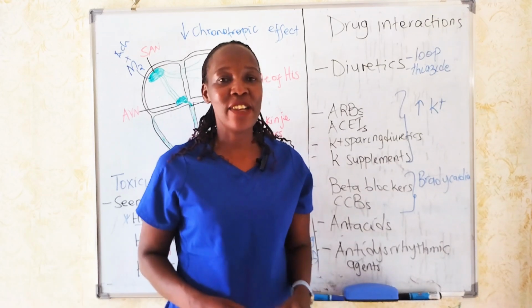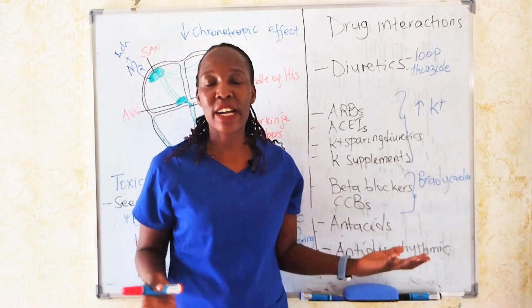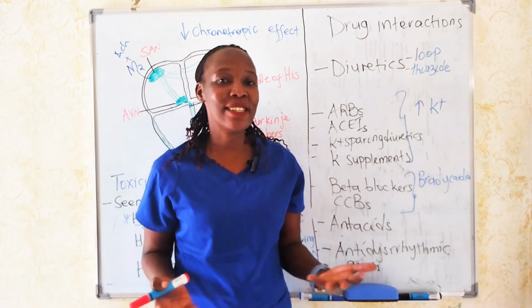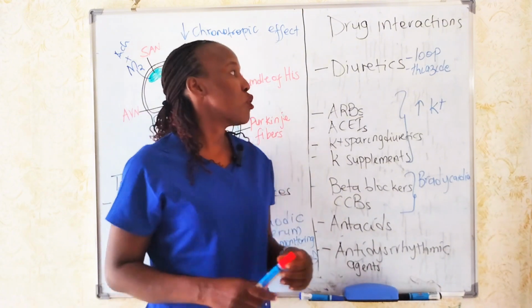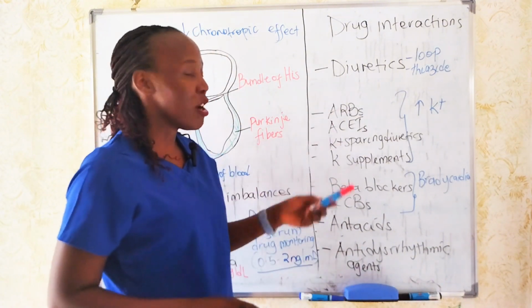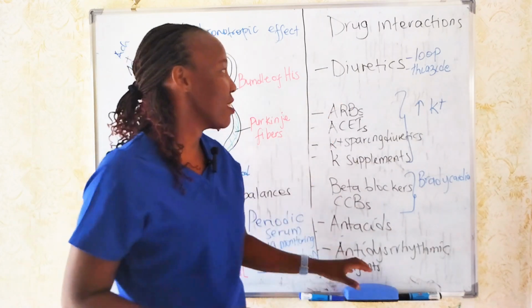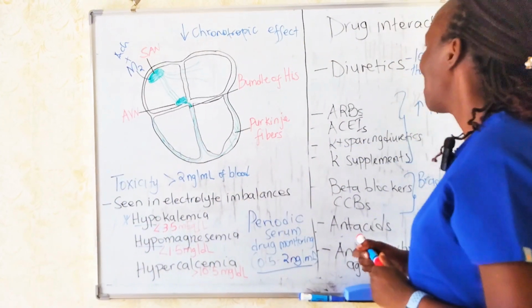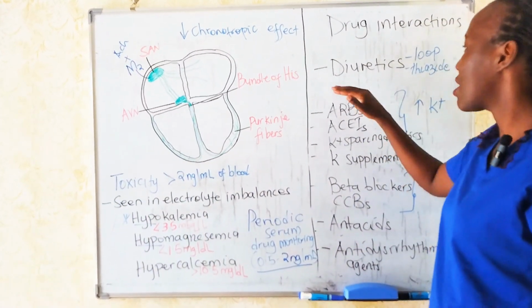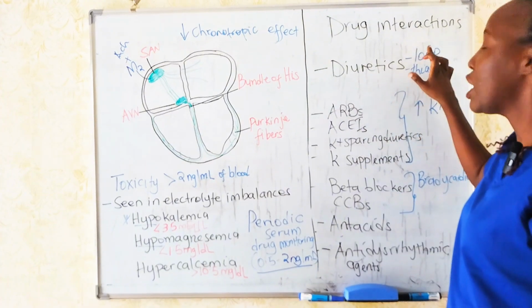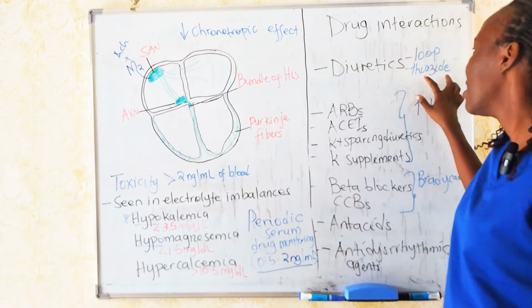What are the significant drug-to-drug interactions that can occur when a client is taking digoxin? So some of the common drug-to-drug interactions that you need to know for your NCLEX especially are these. Now, the first interaction occurs between digoxin and loop and thiazide diuretics.